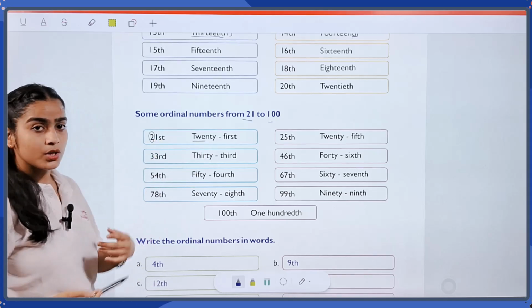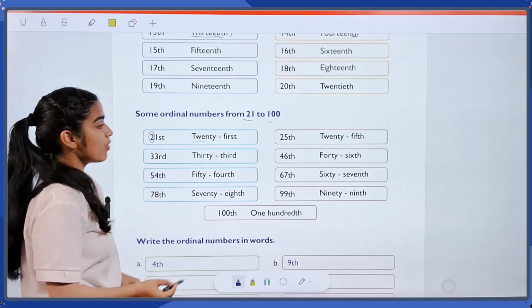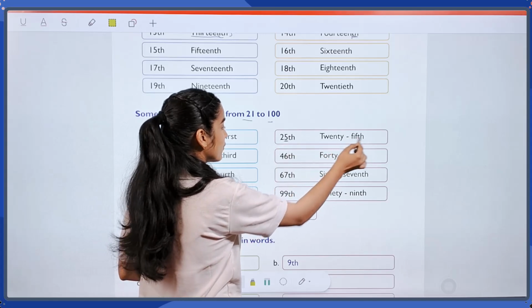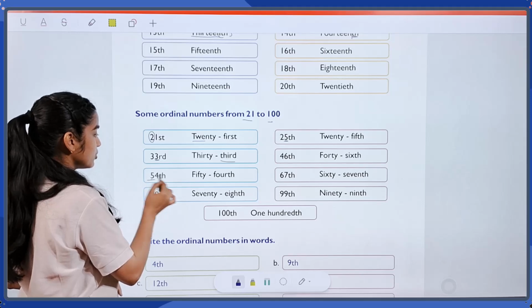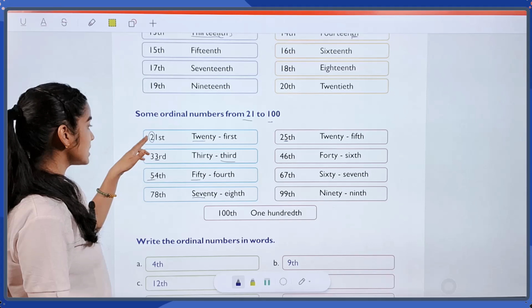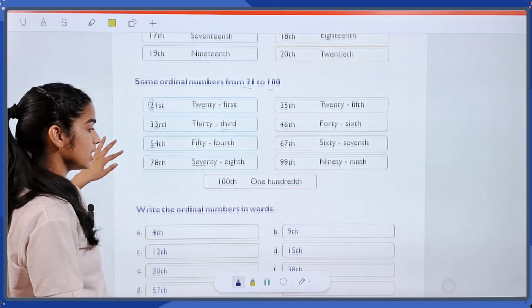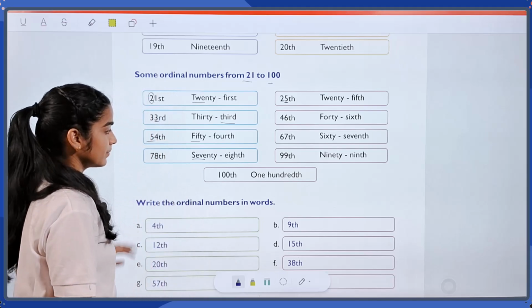Now the ordinal numbers in 1 to 10: 1 is first, 5 is fifth, 3 is third. So the first number should be the same as your counting. Then you just attach the ordinal form of the second number to it. Now 100. So 100, that's it.